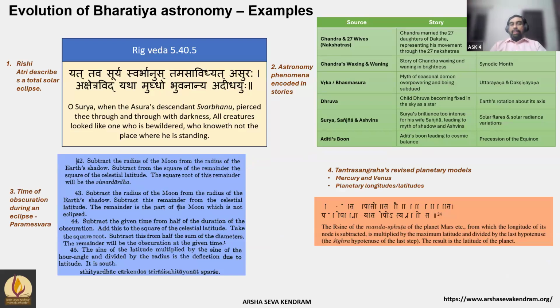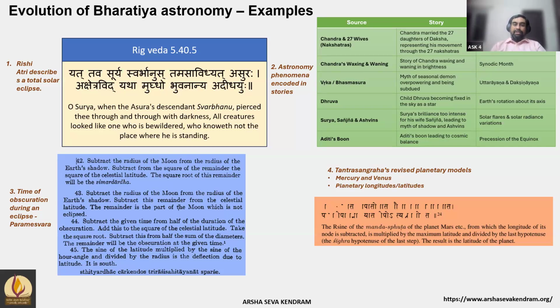Initially it was more of stories and verses, but then the stories and the metaphors got very strong over a period of time, and they started conveying astronomical phenomena. And then we got into a very sophisticated mathematical formulation of the different observations that were made.